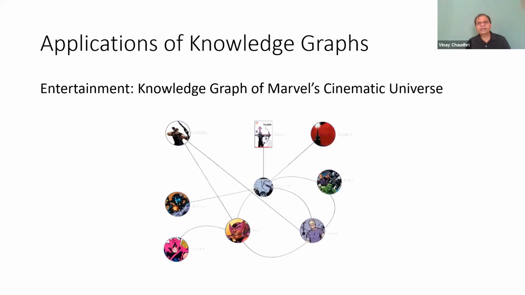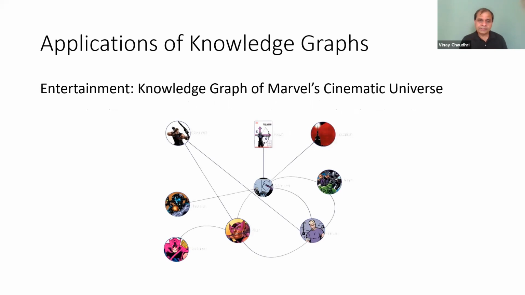So knowledge graphs have a lot of applications, and these days they are being used in all kinds of domains. One interesting example that I recently stumbled into was Marvel Comics. They have tried to create a knowledge graph for Marvel's cinematic universe.